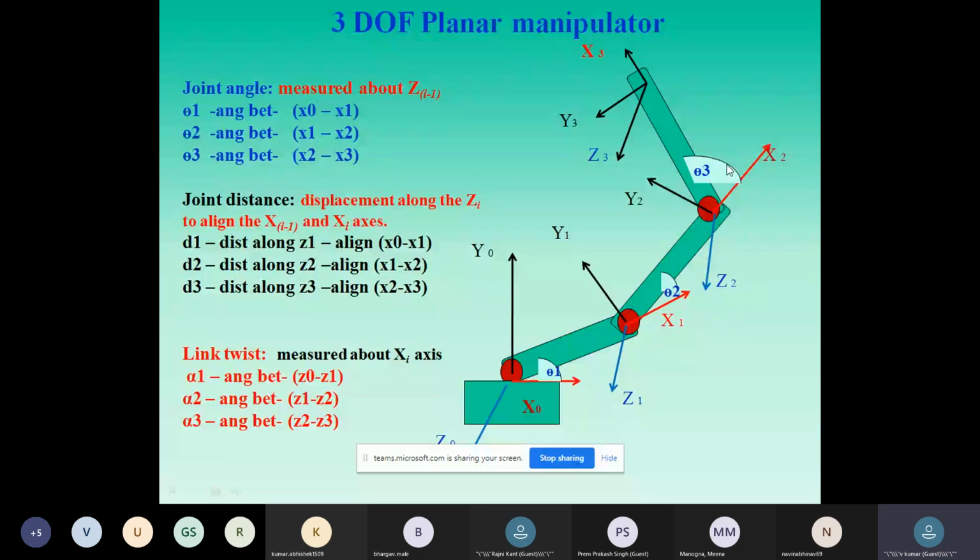Similarly, θ3 is the angle between x2 and x3, from this to this. In this way joint angle can be defined.